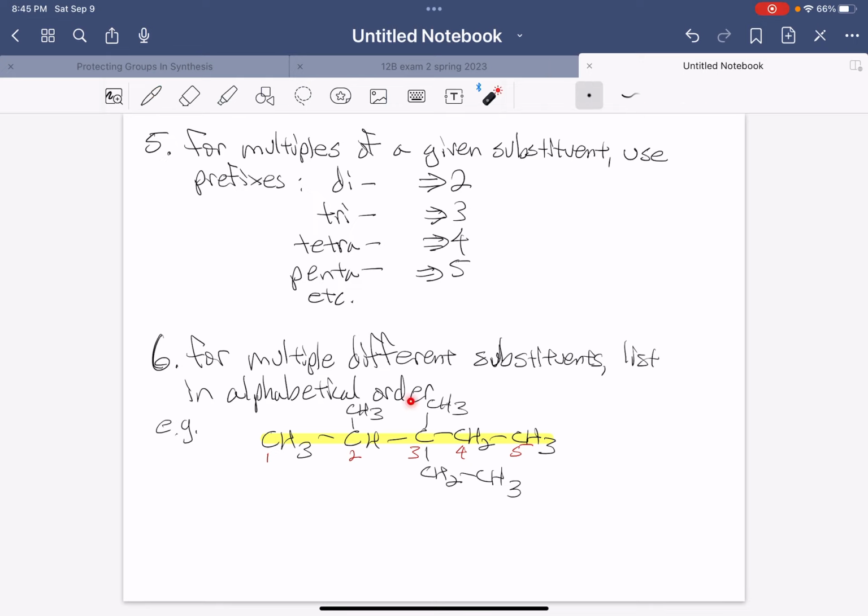So I've got 1, 2, 3. If I had gone 1, 2, 3, 4, 5, I'd have 1, 2 substituents, one of which had another branch, but we want the most unbranched substituents.